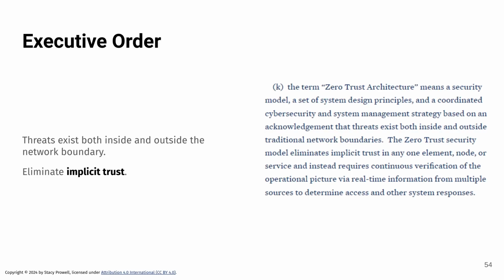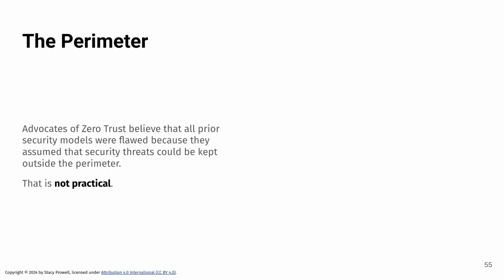In fact, over on the right-hand side, they talk about continuous verification of the operational picture. What's happening on the network right now using real-time information from multiple sources, right? Multiple sensors are deployed, you're gathering the information, and you're figuring out what's happening, okay?